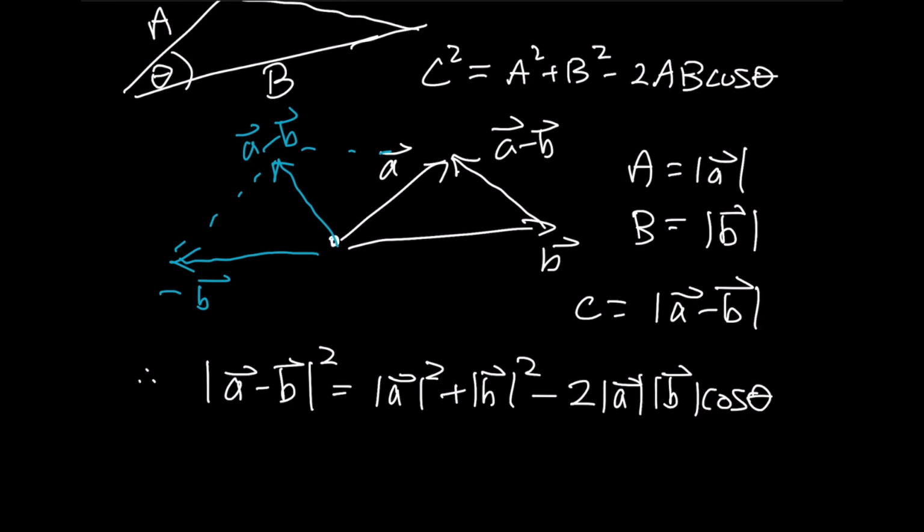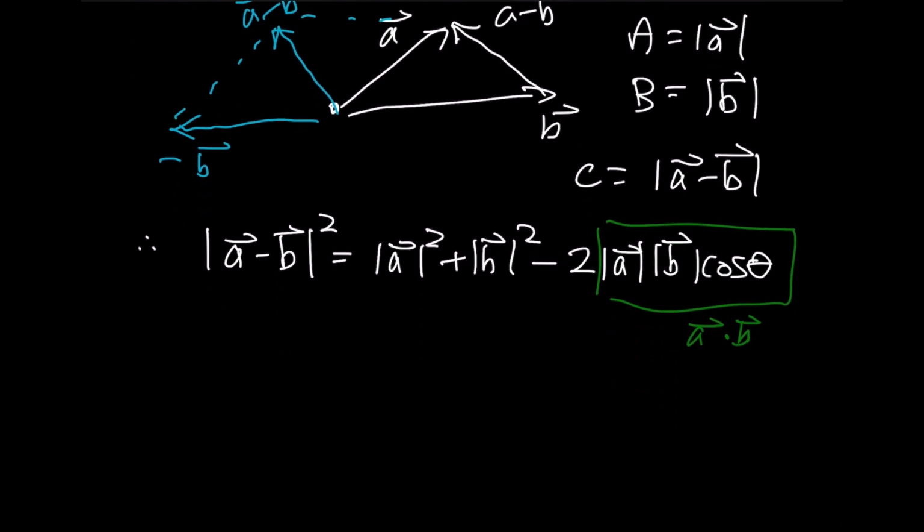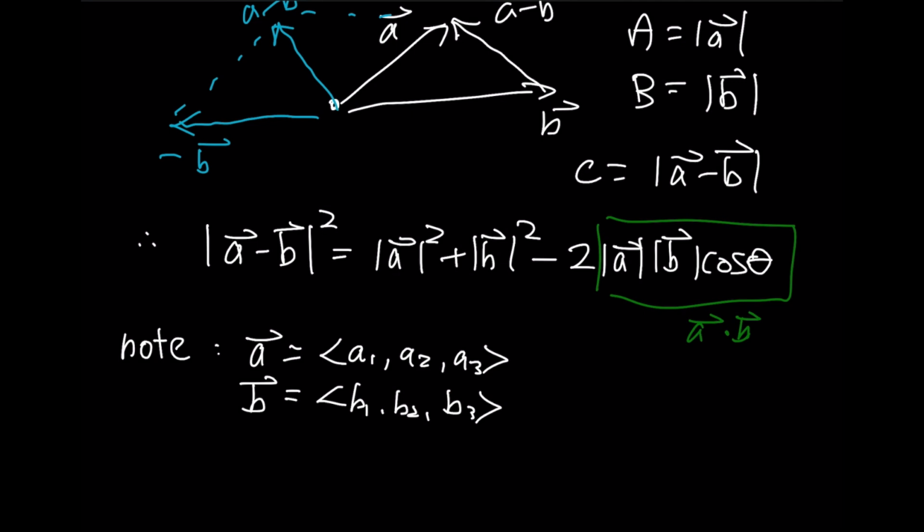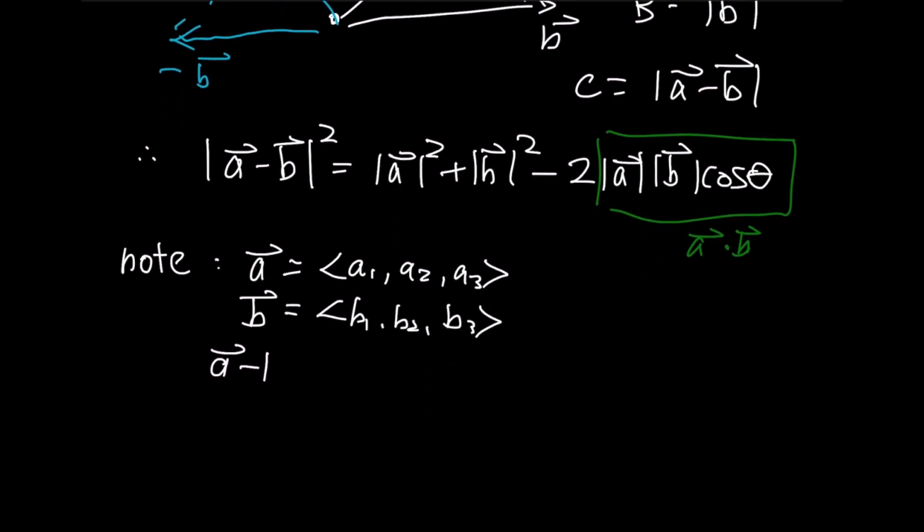Well, hey, this quantity right here is exactly the dot product. So we end up with a nice formula that tells us something about the dot product in terms of these other quantities. If we have our vectors with components A1, A2, and A3, and B is B1, B2, and B3, we can calculate the components of the difference. This is just A1 minus B1, A2 minus B2, A3 minus B3.